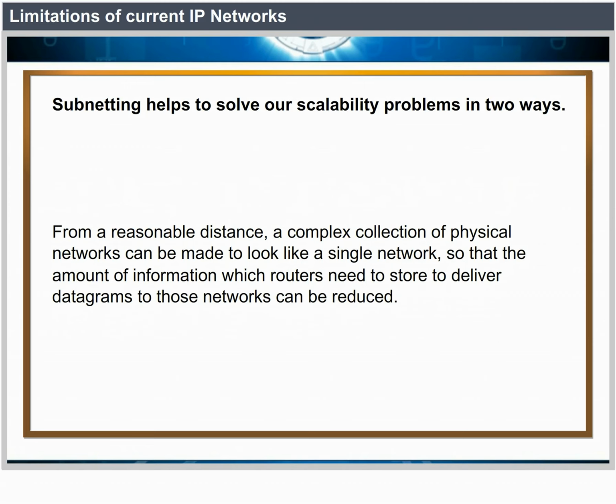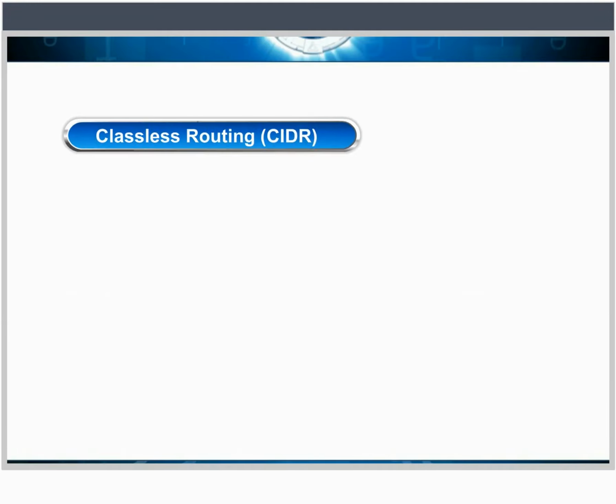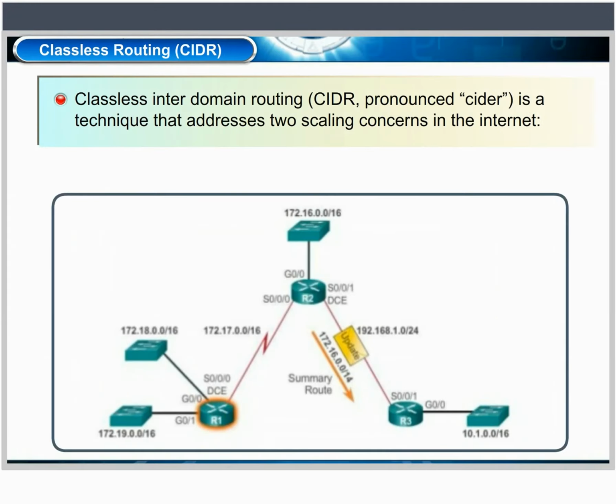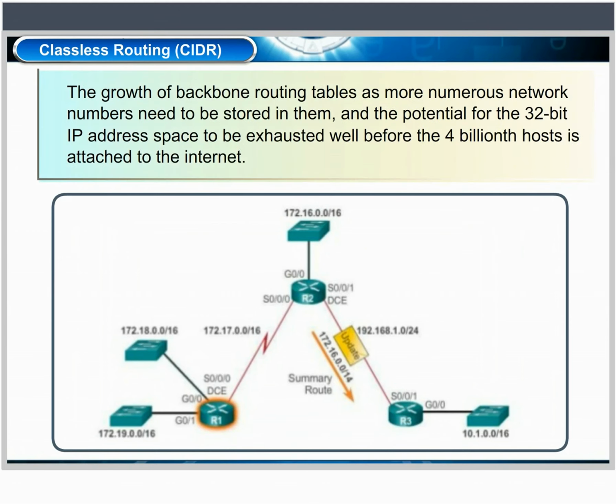Classless Interdomain Routing, CIDR, pronounced "cider", is a technique that addresses two scale concerns in the internet: the growth of backbone routing tables as more network numbers need to be stored in them, and the potential for the 32-bit IP address space to be exhausted well before the 4 billionth host is attached to the internet.